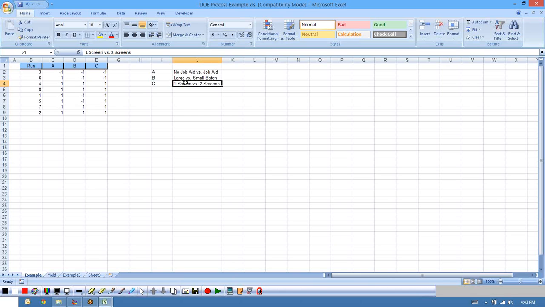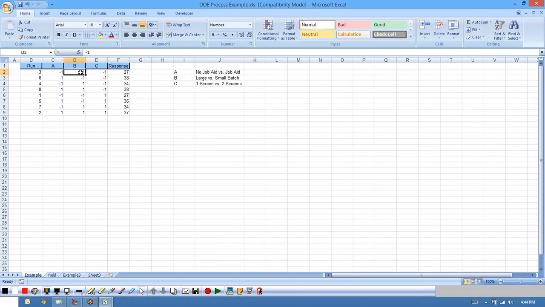And let's suppose that we let that go for 16 days, and we measured the average throughput of each of our groups. Let's suppose that the average throughput of each of our groups was, without a job aid, and with the small batch, and with 1 screen, our average response was 27.